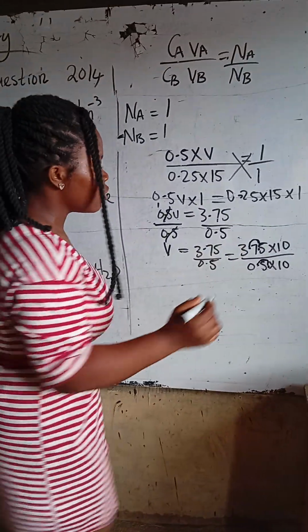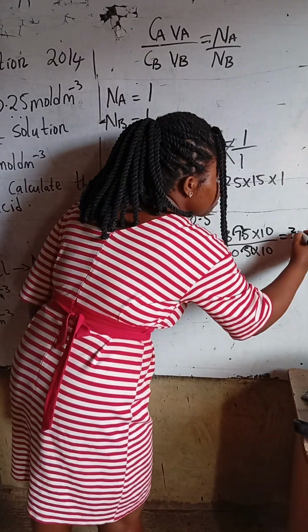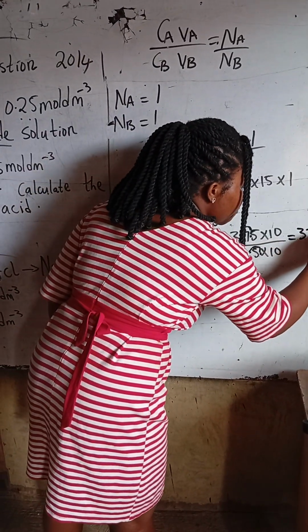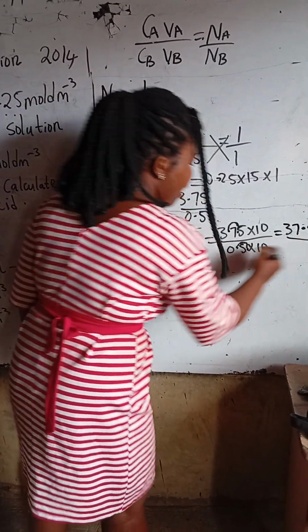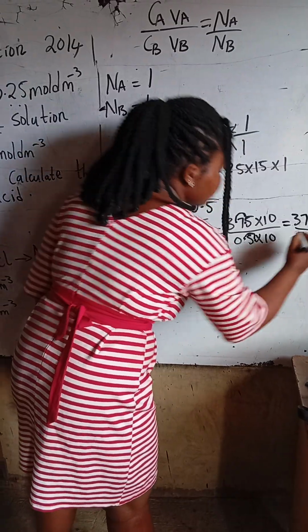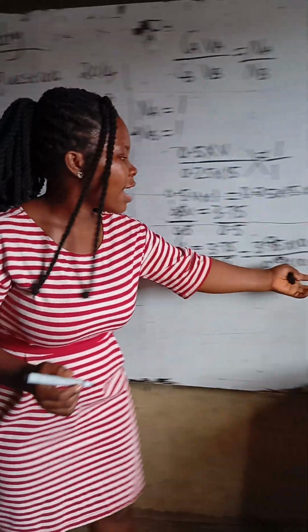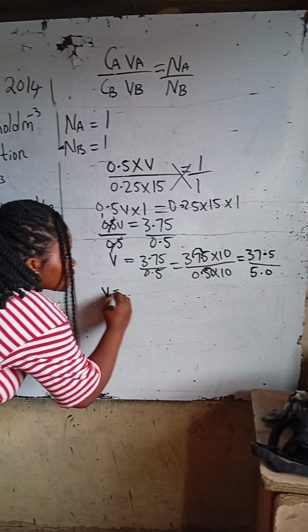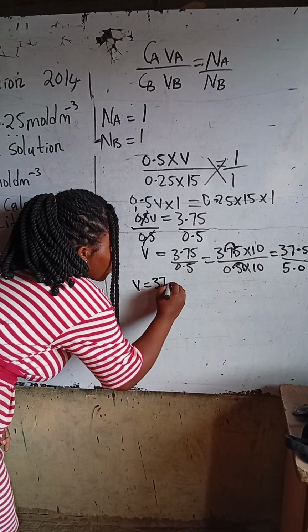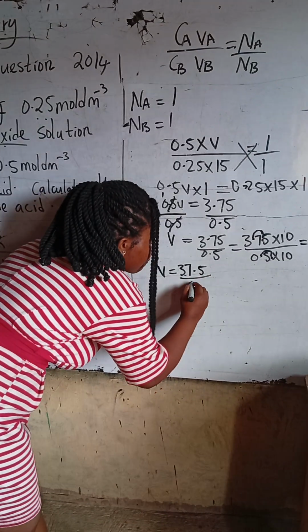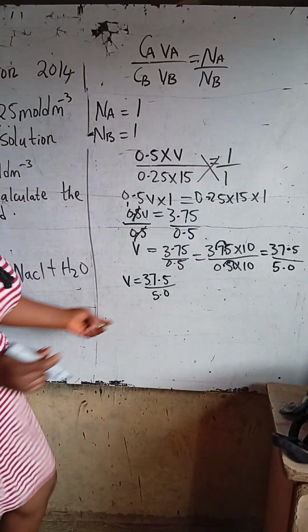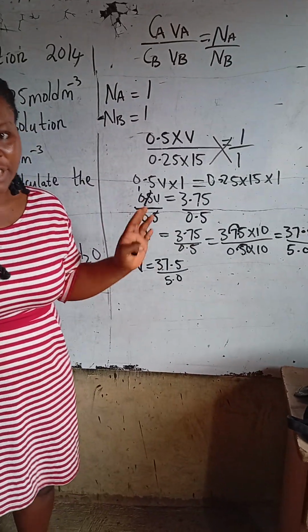So what will be our value? We have 37.5 over 5.0. So our V now becomes 37.5 over 5.0. Now the 0 after the decimal point is not necessary.